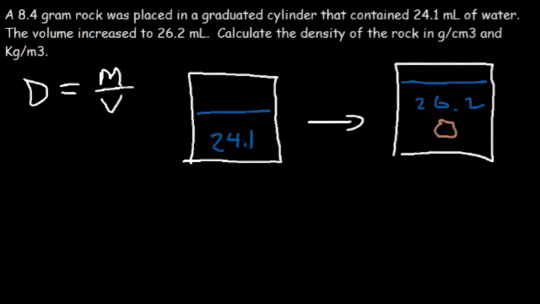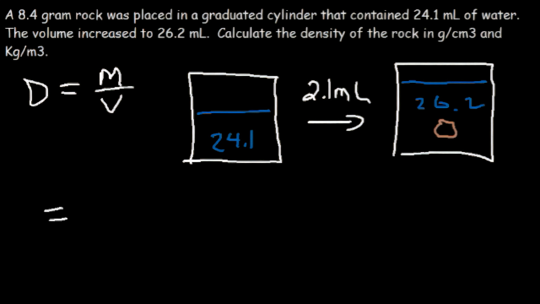This is how you can find the volume of the rock, by water displacement. The volume of the rock is the difference between these two values. So it's 26.2 minus 24.1, which is 2.1. So the amount that the volume increases by is the volume of the rock.